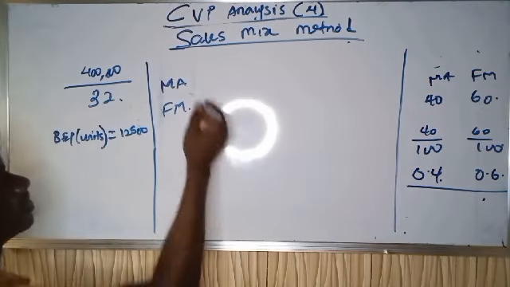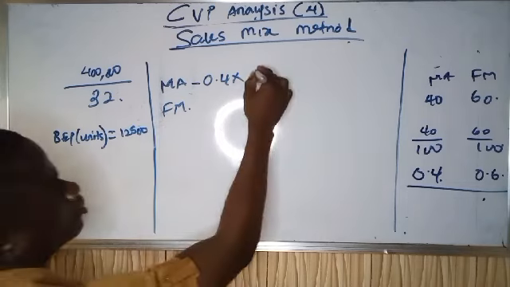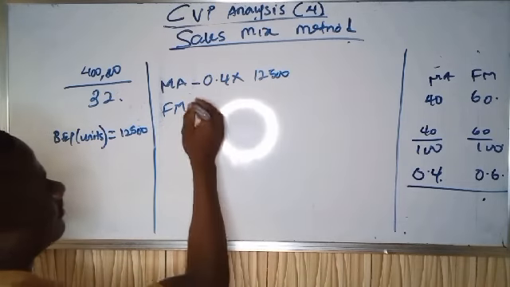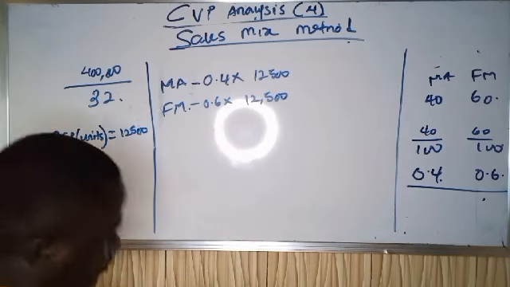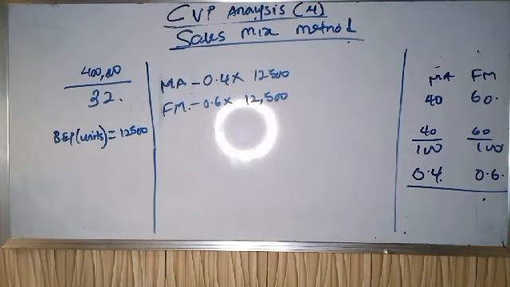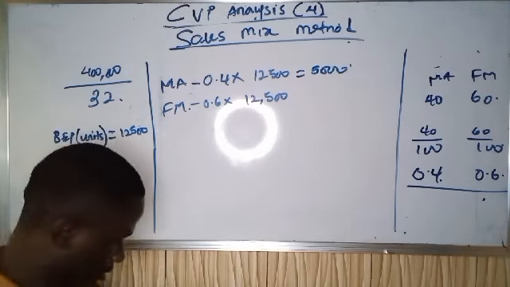So MA is 0.4 times, what is the total unit produced? 12,500. FM is 0.6 times total unit produced, 12,500. So if I go by my calculator here, 12,500 multiplied by 0.4 will give me 5,000. So MA is 5,000 units.